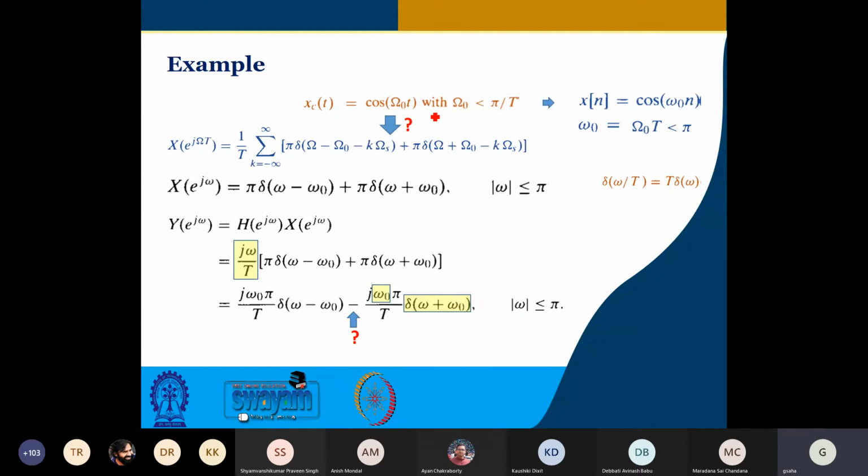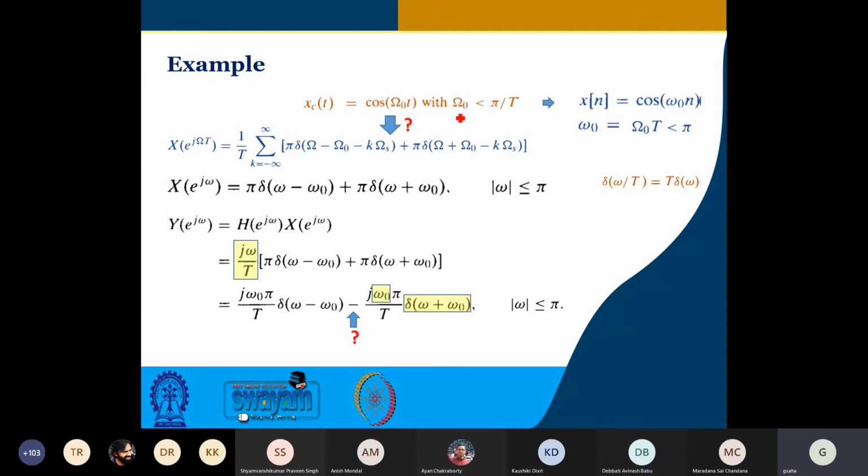Your x_c(t), the input signal, assume that it is cos(Ω₀t). Capital omega, because it is in the continuous time domain, right?